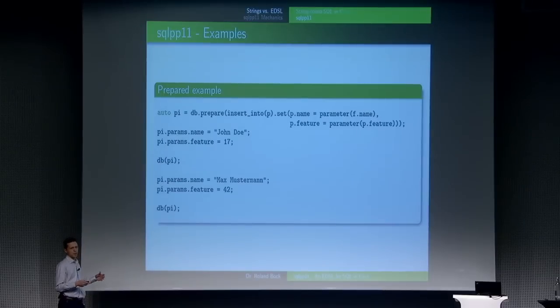So all the mistakes that are shown on the first slide are caught by the compiler due to the nature of these expressions, except for these very, very few exceptions that you have when, for instance, you select columns dynamically. Then the compiler can't help you.